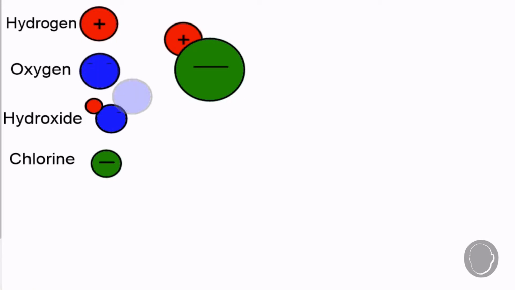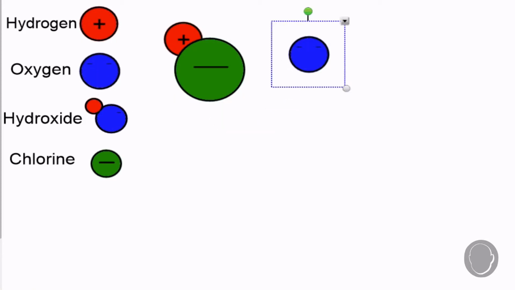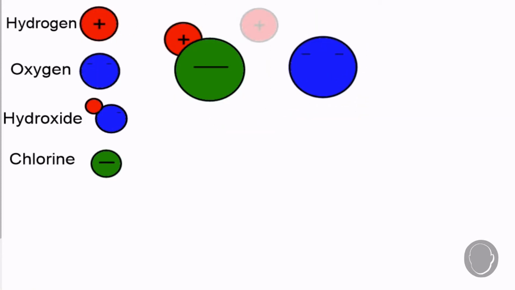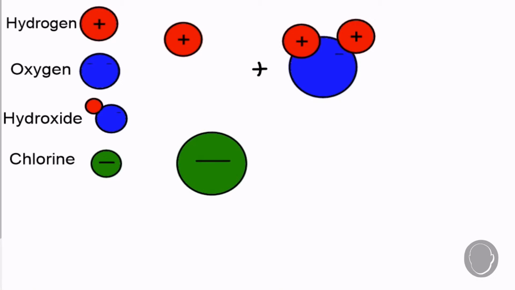So there's my oxygen, there is my hydrogen, and there's my hydrogen. So if I add HCl to water, what's going to happen is when it hits the water, these guys ionize. So we get a negative chlorine and a positive hydrogen. Then this guy is going to attack the water, and that right there is our hydronium.